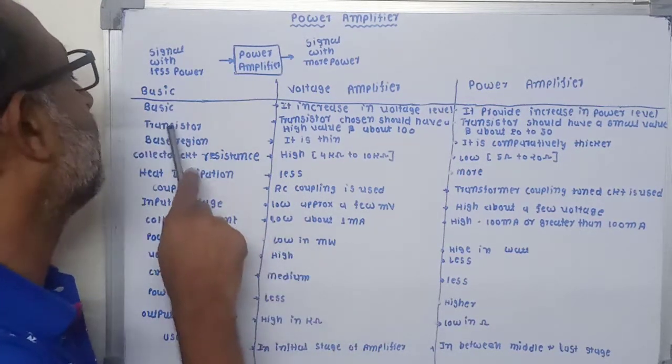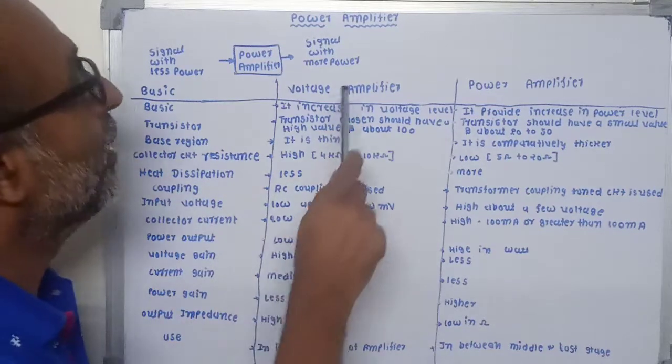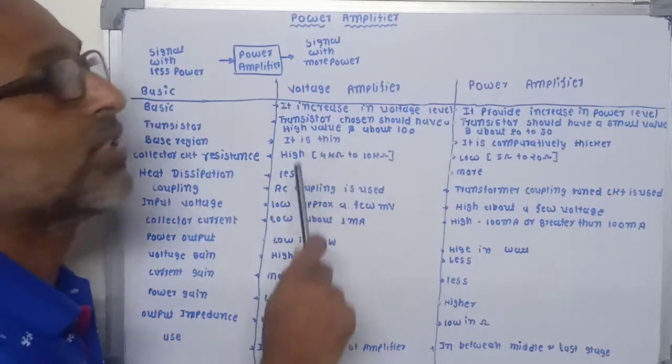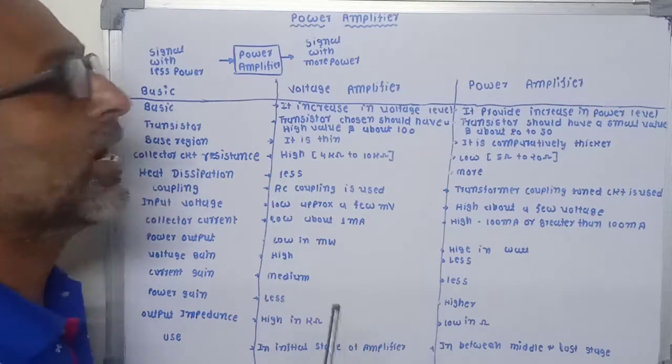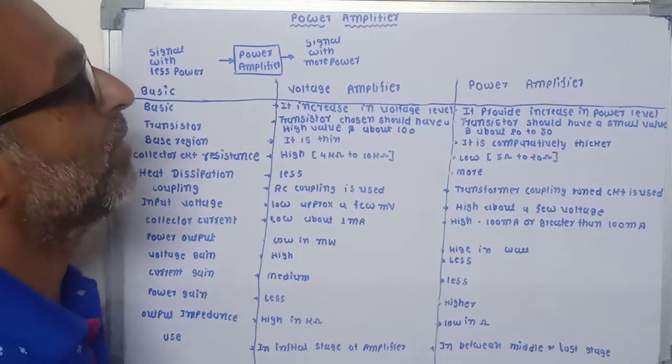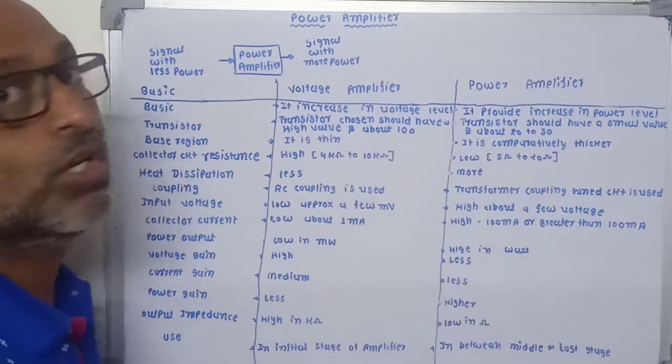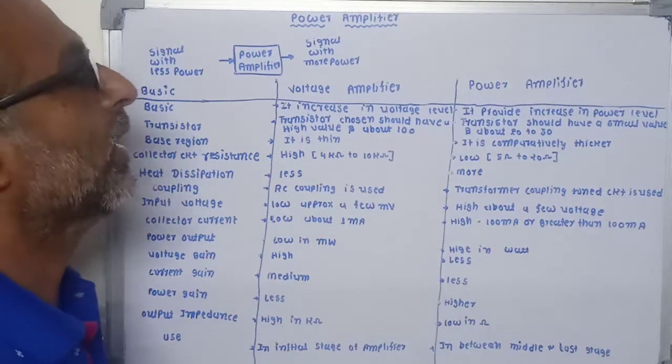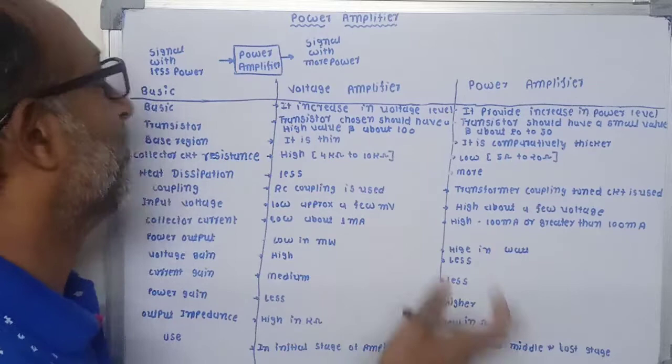Next, which type of transistor is used? In a voltage amplifier, the transistor chosen should have a higher value of beta, about 100. In a power amplifier, the transistor should have a small value of beta, about 20 to 50.